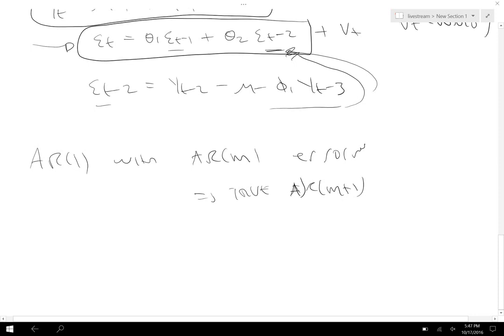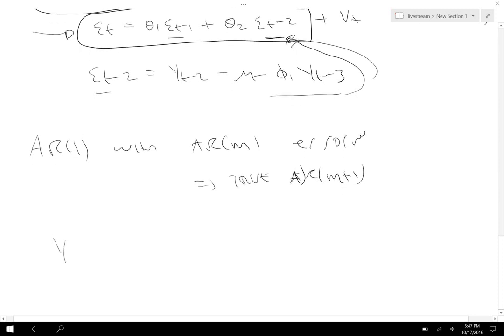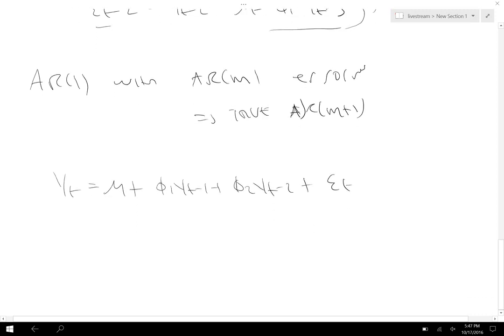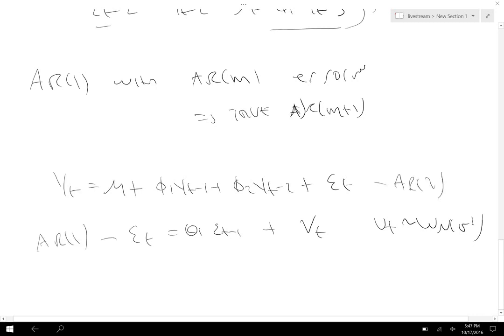And this all generalizes. If we have an AR(2) model plus epsilon_t, and the errors were, say, an AR(1), then what kind of model would the true model be? We run an AR(2), but the errors are an AR(1).